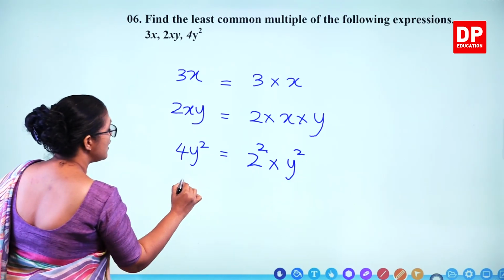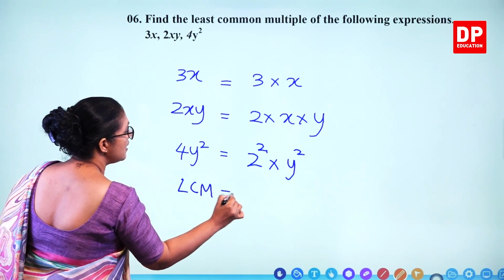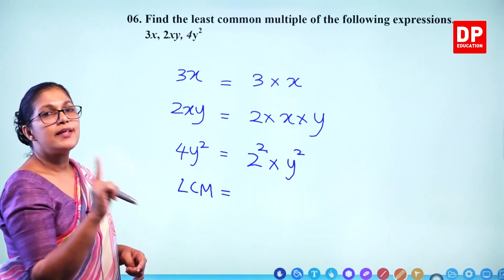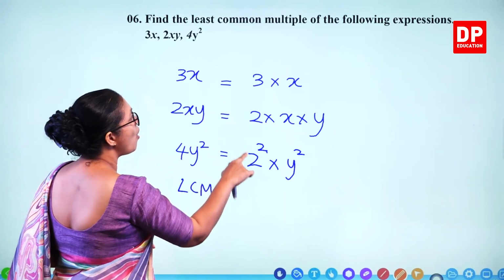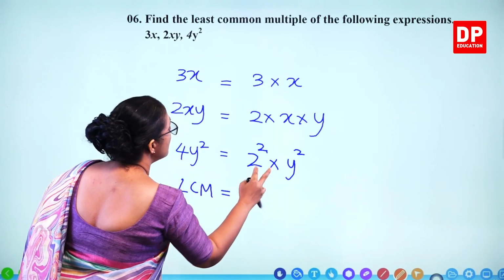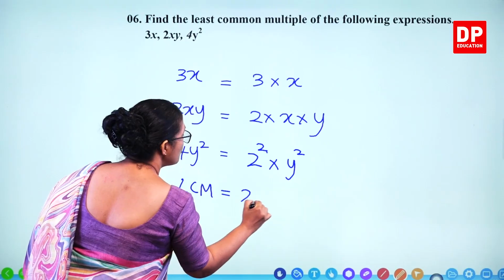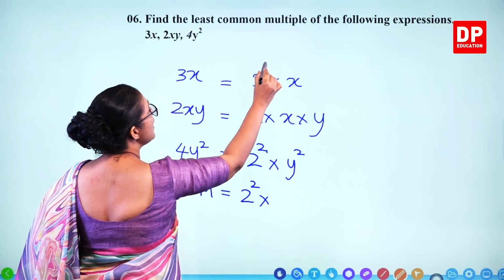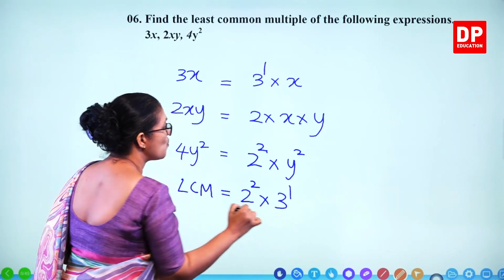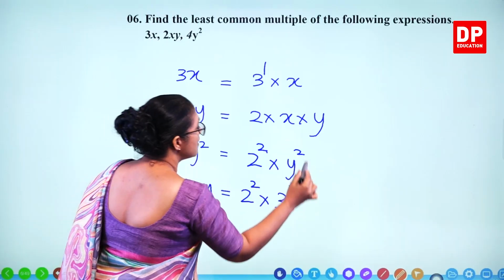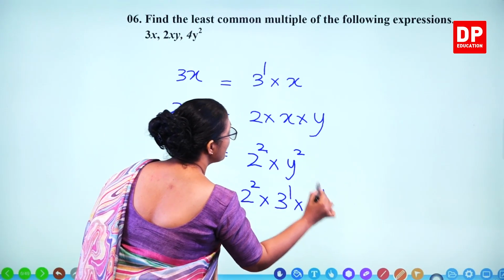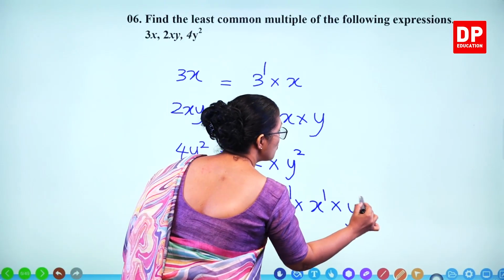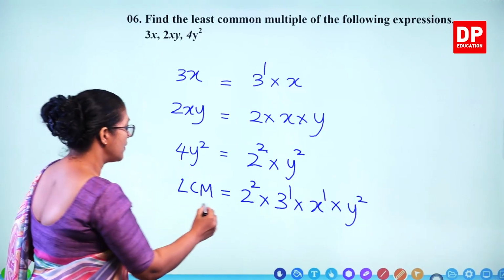Now to find the lowest common multiple, you take the highest power of all factors. 2 to the power 2. 3 only, maximum power is 1. x is just power 1 and y you have power 2. That's the maximum.